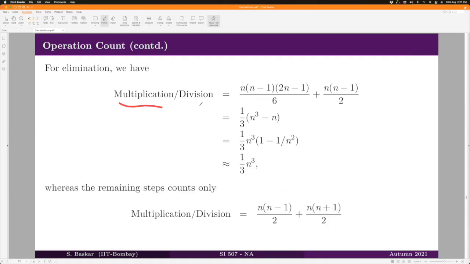Apart from that, we have addition in the elimination part itself, plus we have addition, multiplication and division from our remaining steps which are given like this and so on. So I'm just taking only one small part of the method and that itself is growing with n cube, whereas the other parts are growing with n square. Okay, that itself is very big.